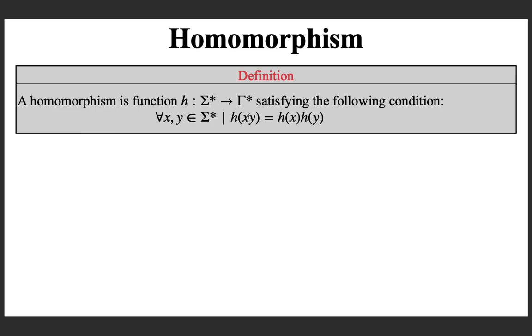So you can individually apply the homomorphism and then concatenate. This is the property that a function should satisfy to become a homomorphism. And from this property we can easily observe that the homomorphic image of the null string must be the null string.